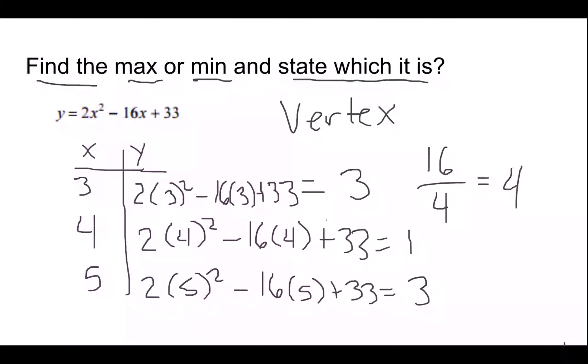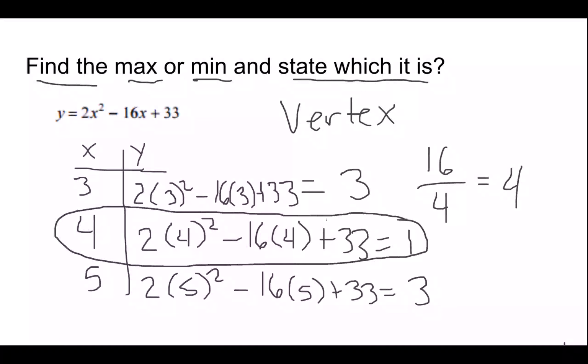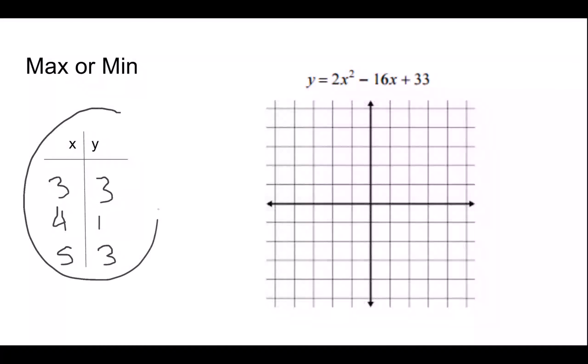So my guess is that this vertex is a minimum point because there are values that are higher than it. So it definitely can't be the biggest point, but we're going to look on the graph just to make sure. If you remember our table over here, it was 3, 4, 5, and we got 3, 1, 3. So if we graph it, we get the points 4, 1, and up 5, 3, and 3, 3.